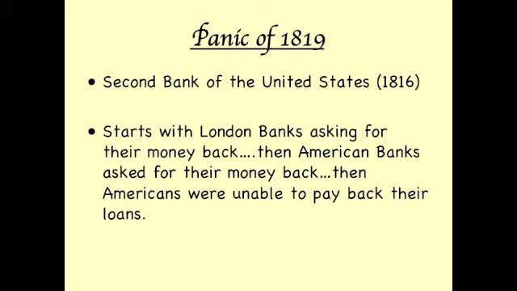American banks in return demanded that the money they had lent out to the American public be repaid. Now, the American public didn't really have the money, so they couldn't give the money back to the American banks, and the American banks in turn couldn't give the money back to the English banks. So it caused an economic downturn, and that is basically what the Panic of 1819 is.